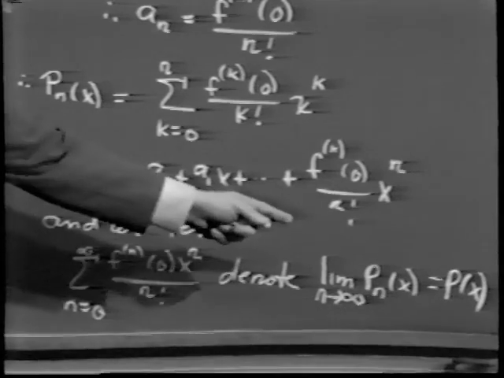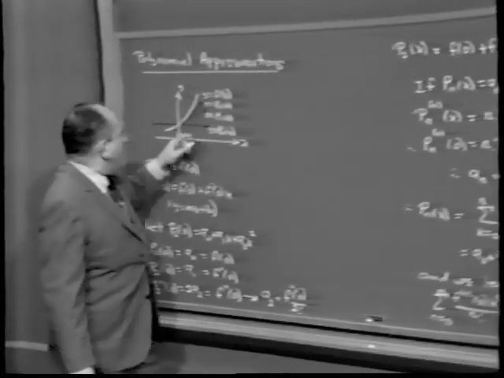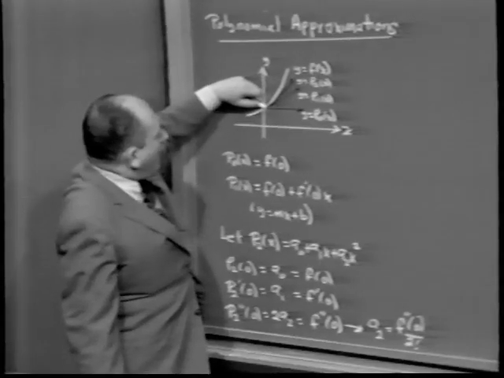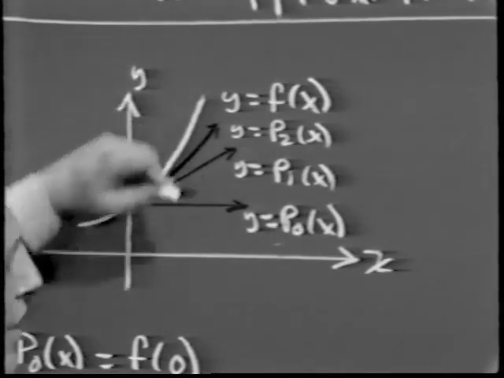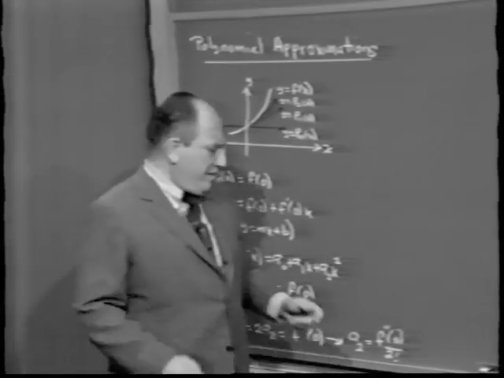Now, what does p of x mean in this case? Going back to our diagram, it means that as we let n get bigger and bigger and we determine more and more coefficients, we get what? Hopefully, a better fit to the curve over here, a greater degree of contact every time we tack on the next term in the series.